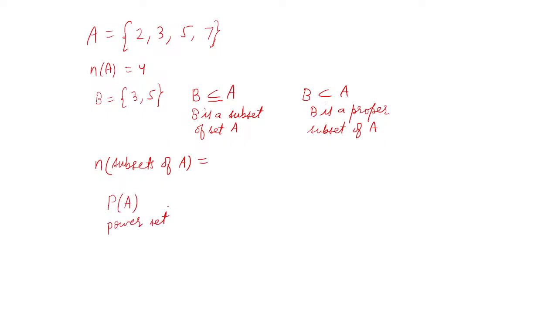Power set of set A essentially is a set containing all the subsets of set A. So the number of subsets of set A is the same as saying the number of elements in the power set of set A. I hope you are getting the point.